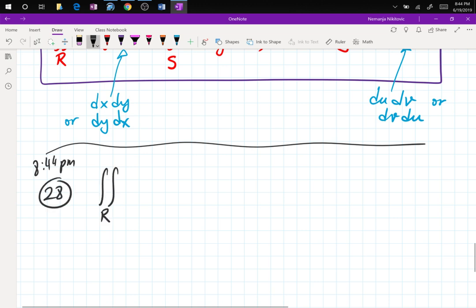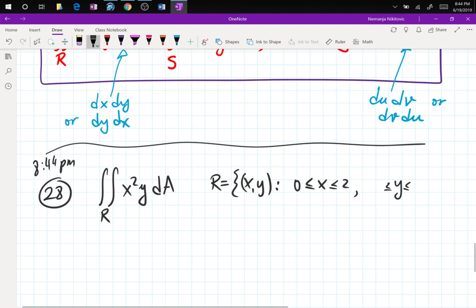Double integral over the region R of x squared y dA, where your region R is given as x, y points such that x is stuck between 0 and 2, and y is stuck between x and x plus 4.